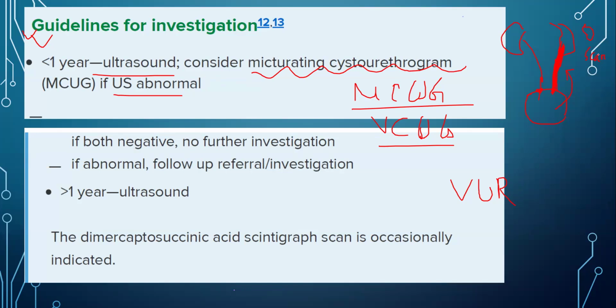If the ultrasound and MCUG show likelihood of a scarred kidney, to confirm the scarred kidney, you have to do a scan called DMSA. So that's the step-by-step investigation for a recurrent UTI in a child: ultrasound, MCUG, and then DMSA.